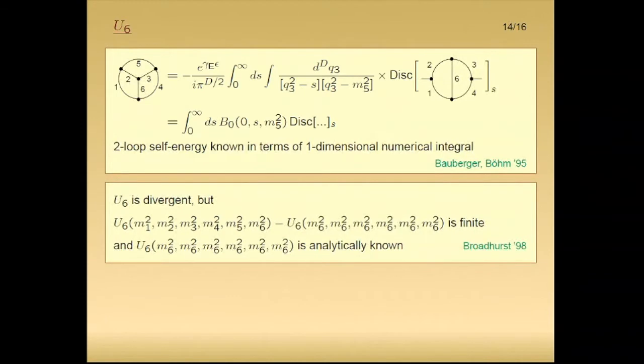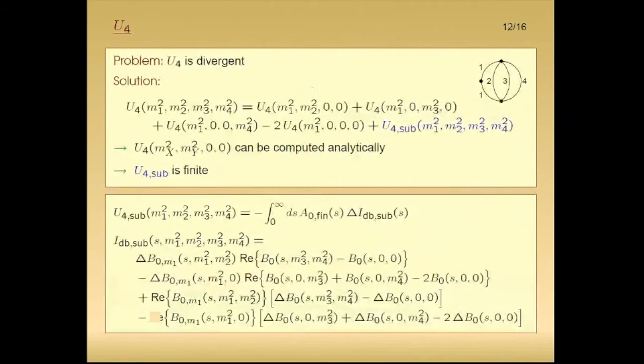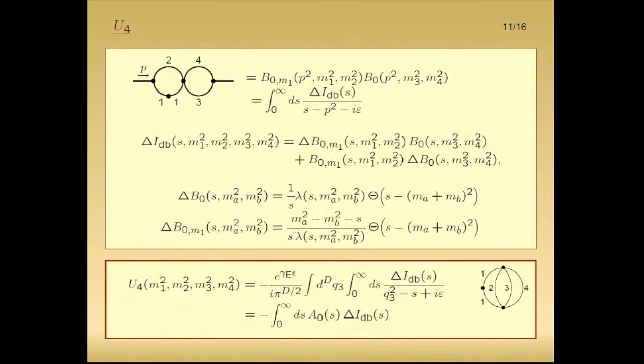Finally, the most complicated master integral is the one with 6 different propagators. And so here I can again use the same philosophy of basically trying to imagine I cut up one line and then it becomes a two-loop integral, and I use a dispersion relation for the two-loop integral, and then I tie the last loop back together. Now, this two-loop integral that I get is not as nice as before, where it's just a product of two one-loop integrals.